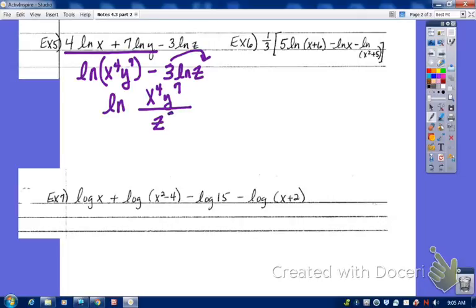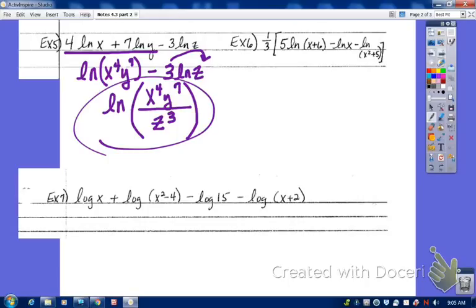Just the z to the 3rd. Now, I have a lot of people that want to put more than one ln. Your job is to get the problem down to one log. So you won't have more than one ln, or you won't have more than one log once you get your final answer. All right, if you want to put this in parentheses, it looks a little bit neater in parentheses. It really doesn't matter. You don't have a power on the outside. That would be the answer.